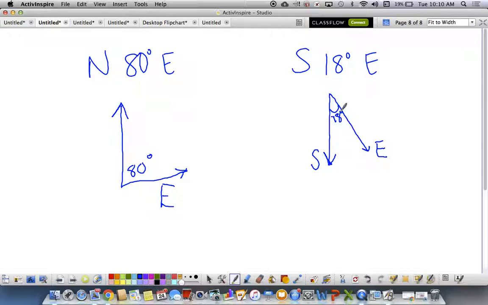Now, the more challenging part is when they put them in an actual word problem. The bearing from A to C is south, 52 degrees east. I am simply reading this in my book. That's example 2. From A to C is south, 52 degrees east.